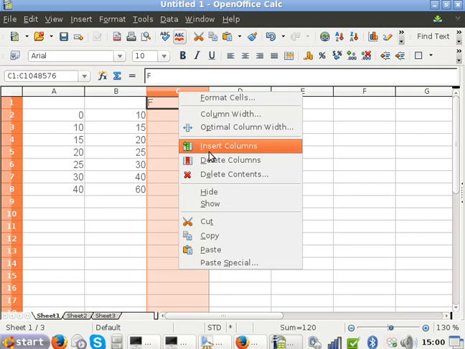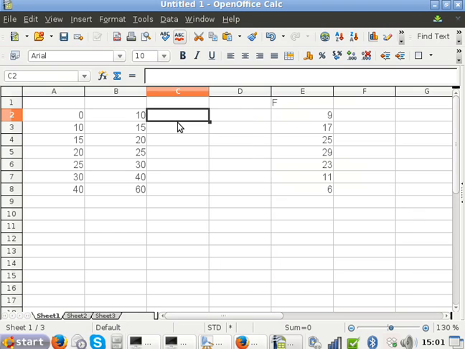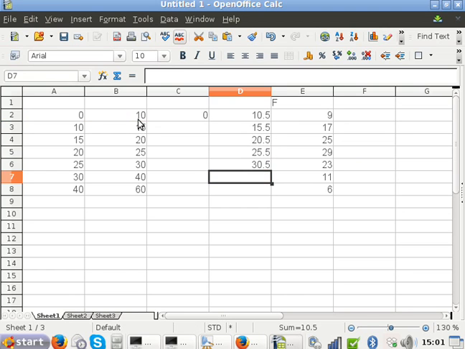Now if you want, and I think it's a good idea, you should put in the lower and the upper. So the lower here is 0 and the upper is not quite 10, but what is it? 10.5. So this would equal 10 plus 0.5.